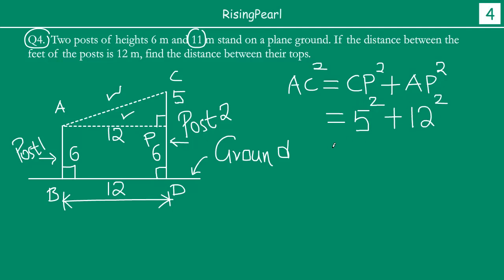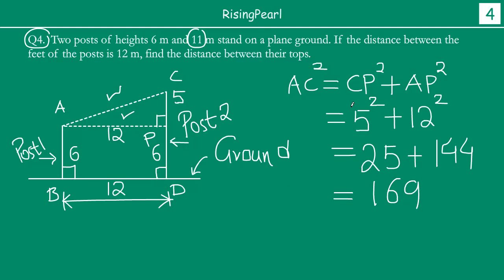So here, friends, 5 square is 25, plus 12 square is 144. If you add them, you will get 169. So AC square is equal to 169.